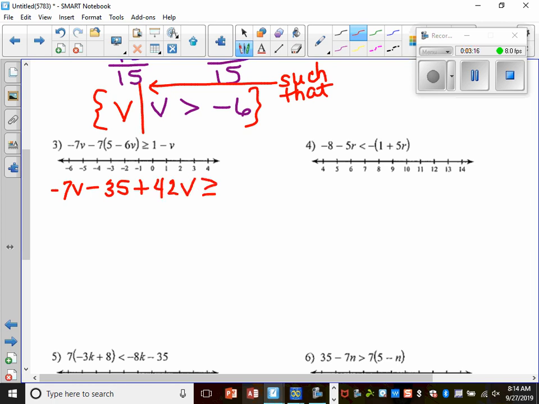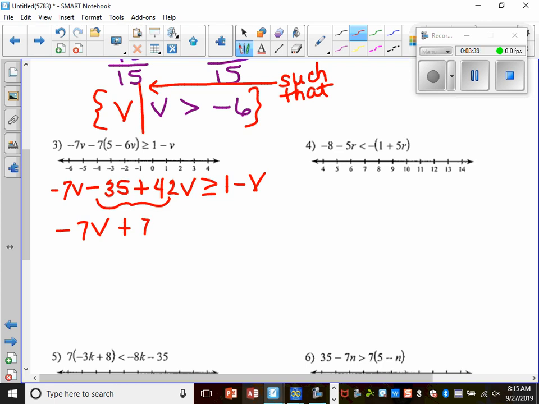It's greater than or equal to 1 minus v. So we can combine the negative 35 and 42. So what is 42 minus 35? 7. So we're going to have negative 7v plus 7.